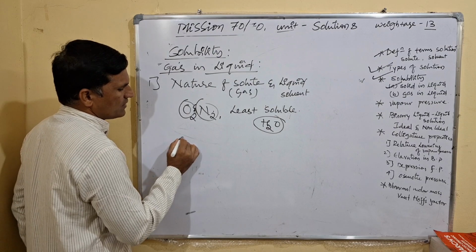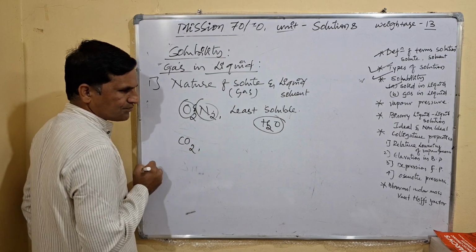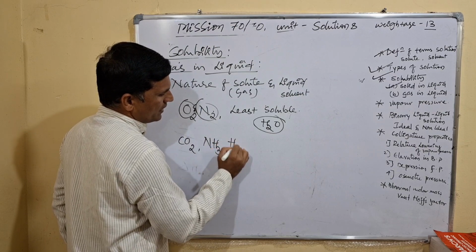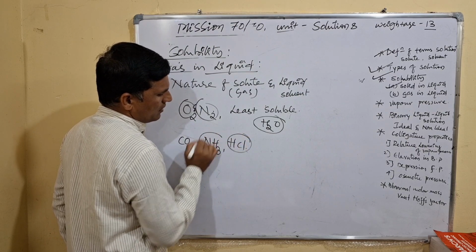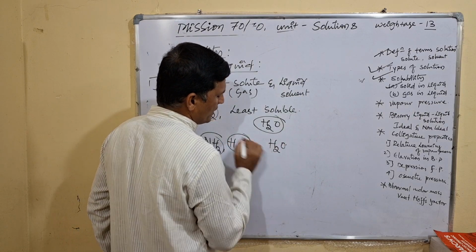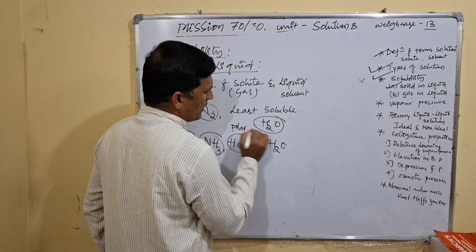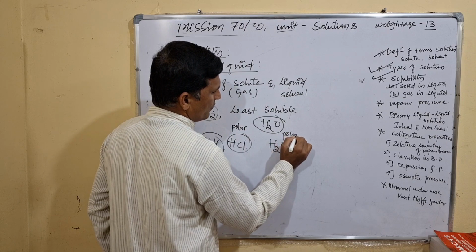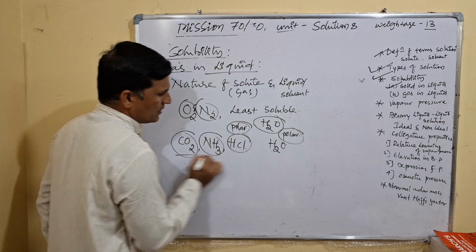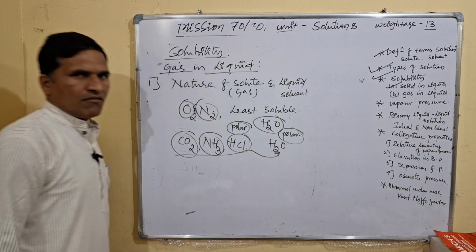Similarly, if you take carbon dioxide, ammonia, and HCl, these are readily soluble in water to a greater extent. What is the reason? These are all polar and your solvent is also polar, so polar interactions will be there. Because of that, these are readily soluble in water.